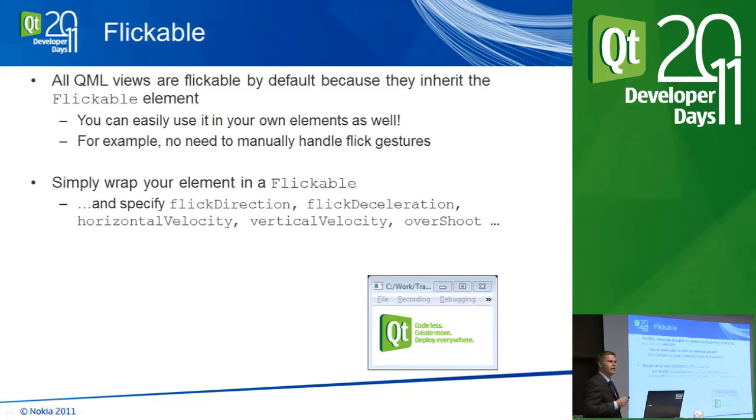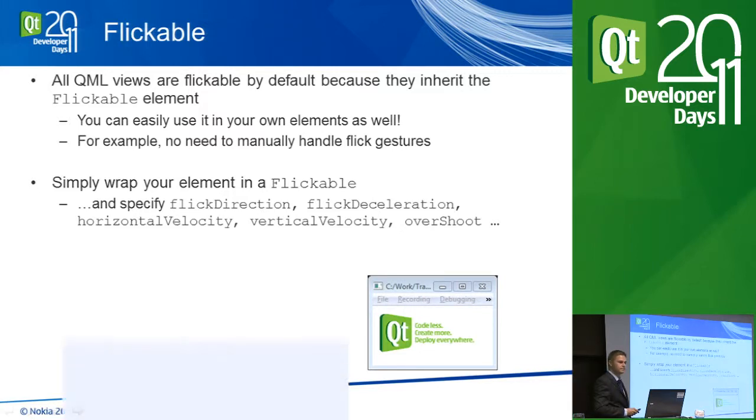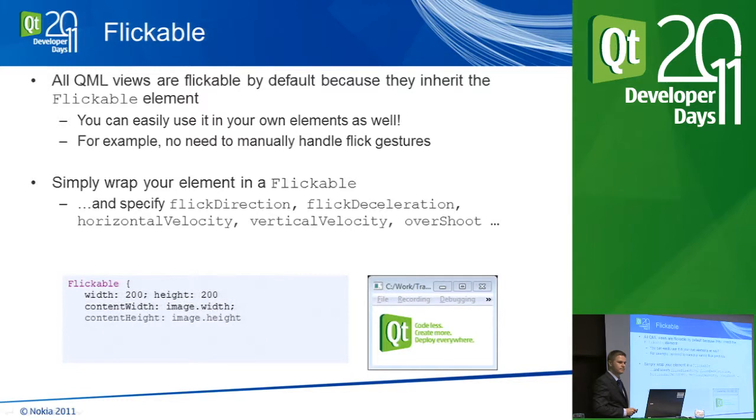A number of elements are already flickable, but you can use the basic flickable element to make your own elements flickable, just by adding flickable elements around your own elements. Like this.